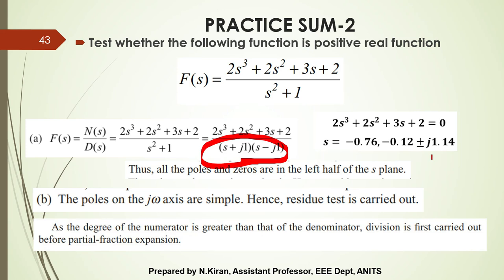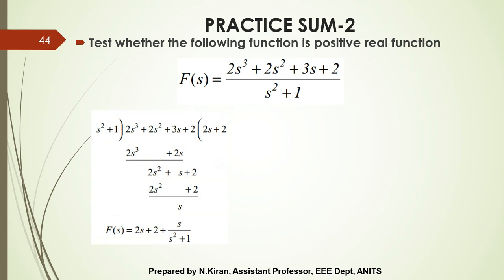But here we can see that for conducting the residue test, the numerator degree should be less than the denominator degree. But in this case, since it is greater than the denominator degree, I'll divide my numerator by denominator such that I will get an expression whose numerator degree is less than the denominator degree.